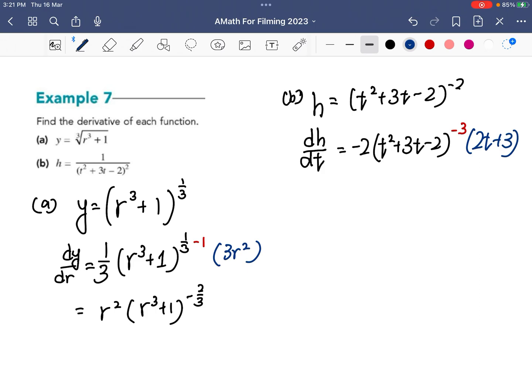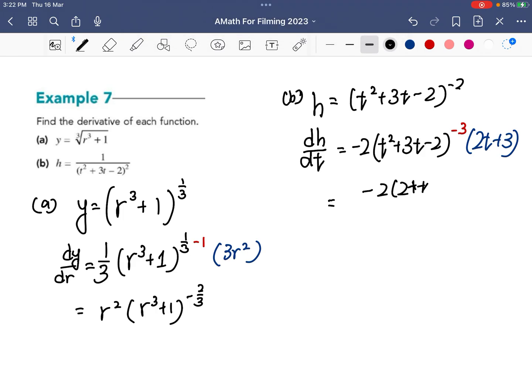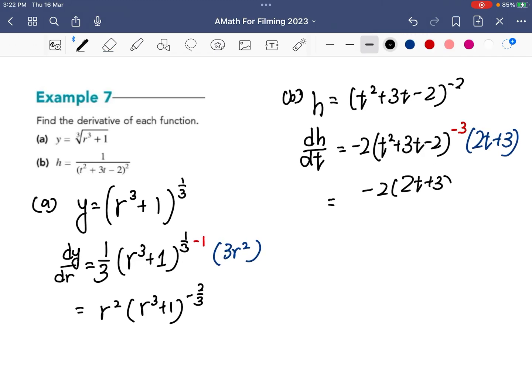So if you want to simplify all of it, what I get is negative 2 times 2t plus 3 divided by t squared plus 3t minus 2 to the power of 3.